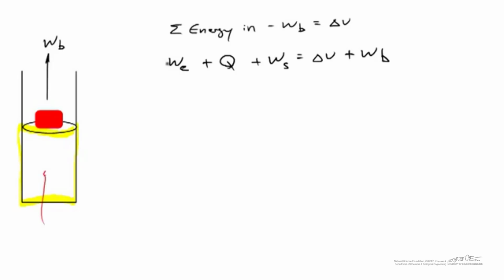What I'm trying to say is that if we've got 1 kilojoule of electrical work, 1 kilojoule of heat, plus 1 kilojoule of shaft work that crossed the system boundary, that will equal a 3 kilojoule increase in the enthalpy of it.